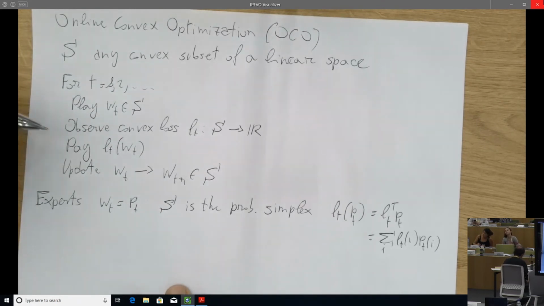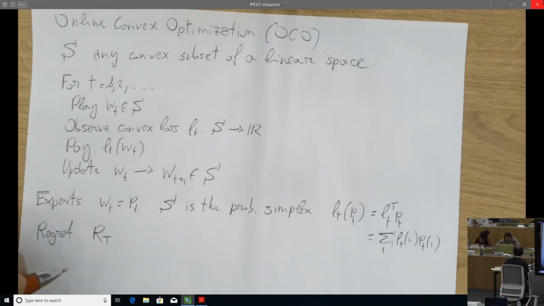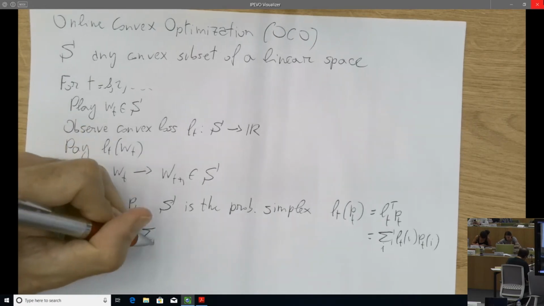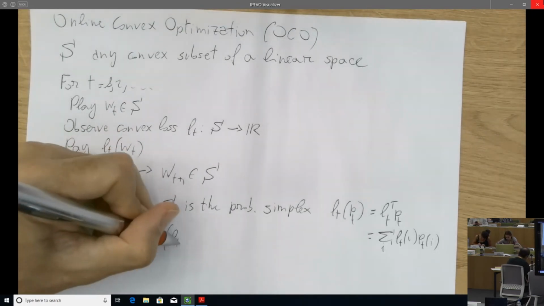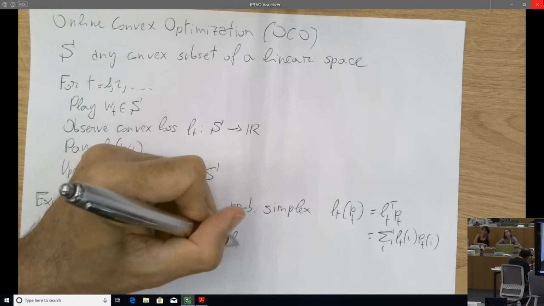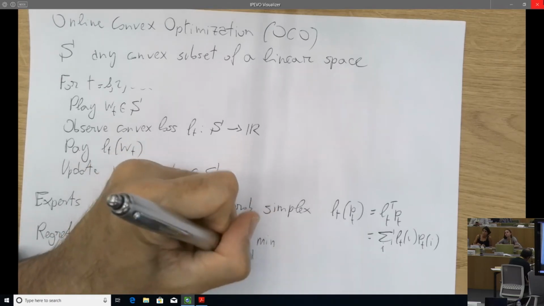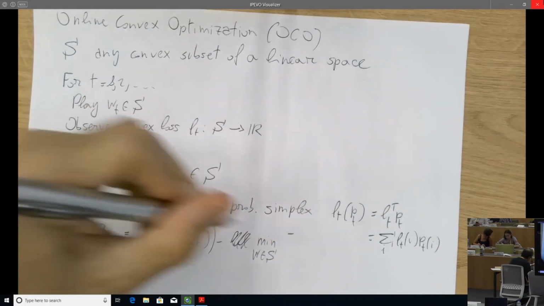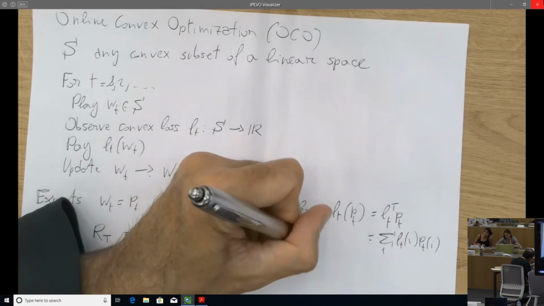And now we can define the regret. So the regret R_T will be the sum over t of L_t of w_t, minus the min over w in S of the sum over t of L_t of w.